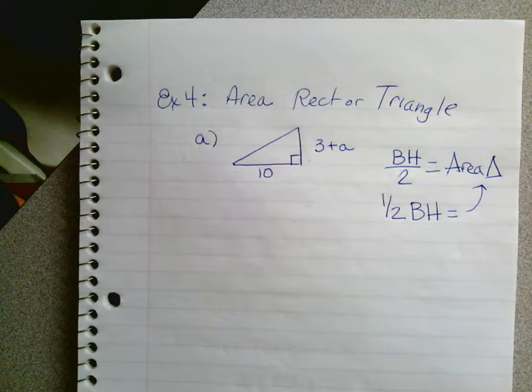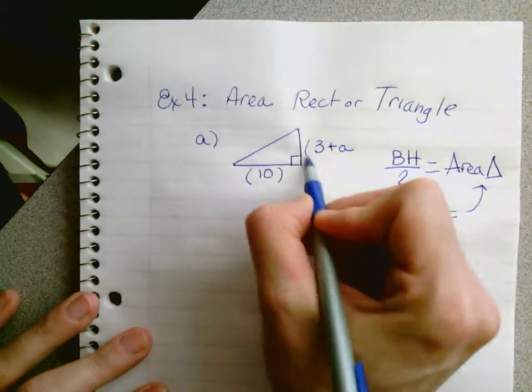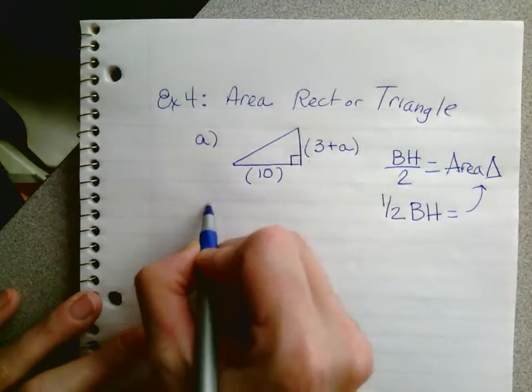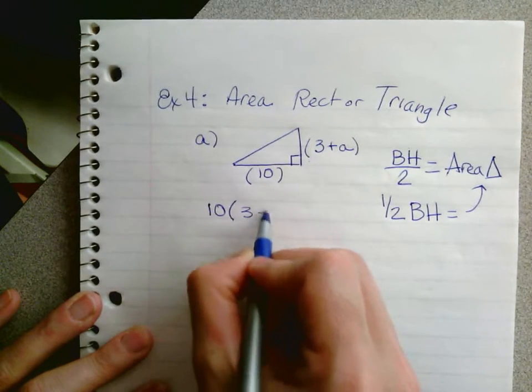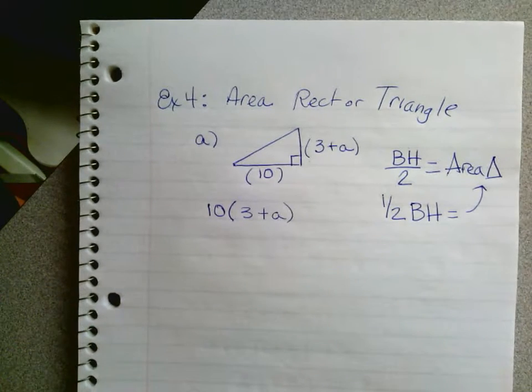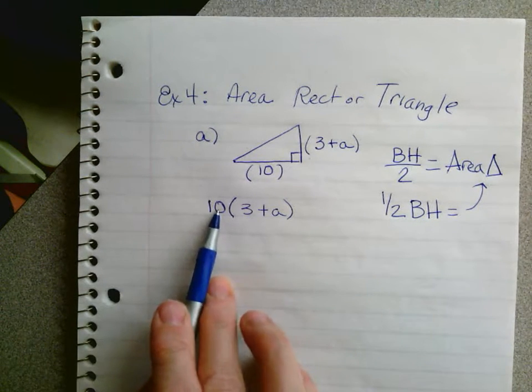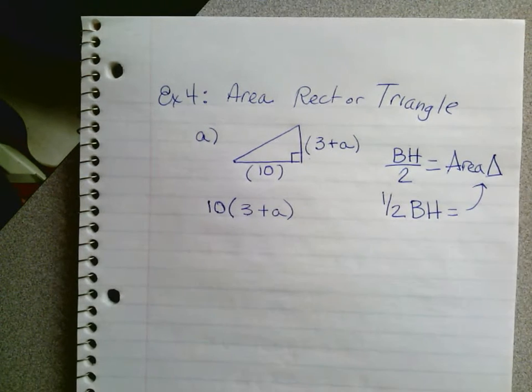So what is the product of the base and the height? Can we solve like we did in the previous 5 or 6 examples? The product of this and these 2 items. How did we do that, Rachel?